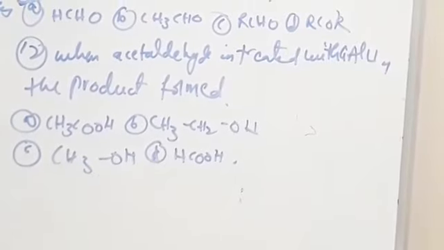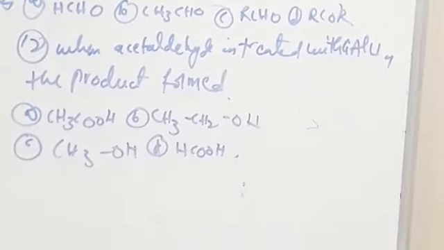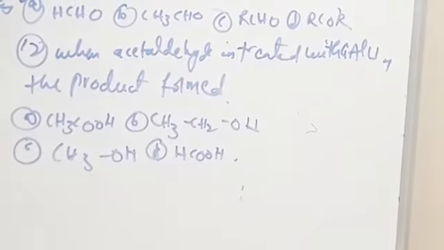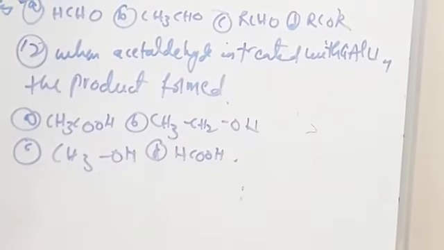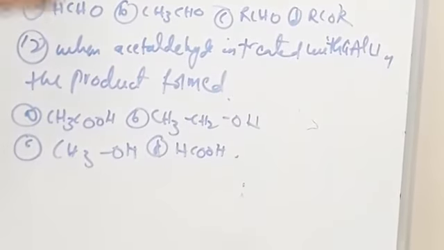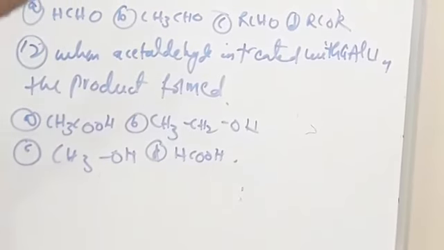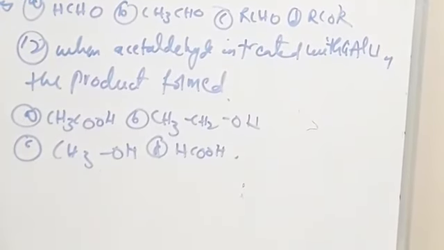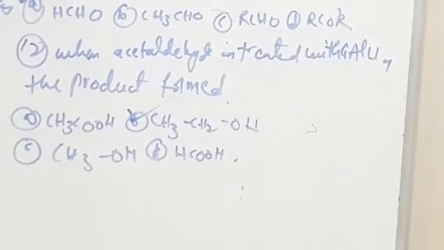Next, when acetaldehyde is treated with lithium aluminium hydride, that is a reducing agent, then the product formed is by reduction of aldehydes. So in the preparation of aldehydes, alcohols undergo oxidation and form aldehydes. And reverse to this, reduction: aldehydes reduce to alcohol. Acetaldehyde is reduced to ethyl alcohol in presence of lithium aluminium hydride. So ethyl alcohol is the option.